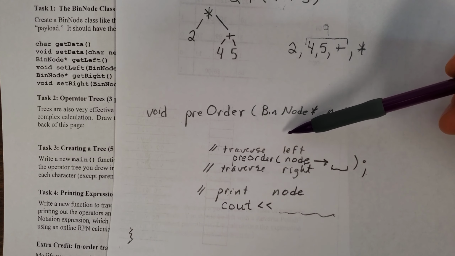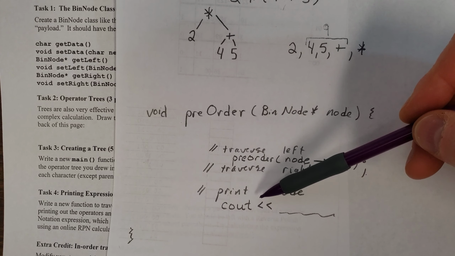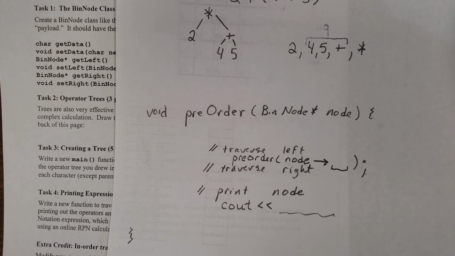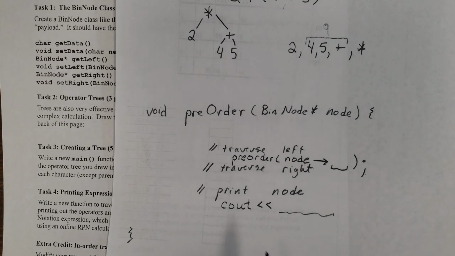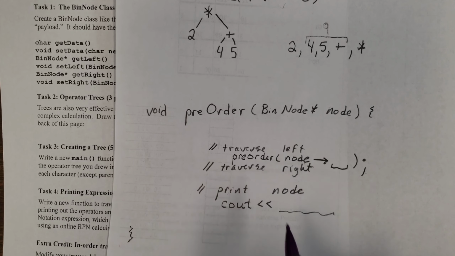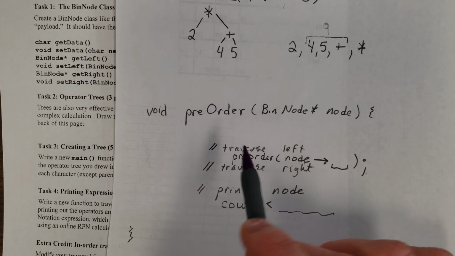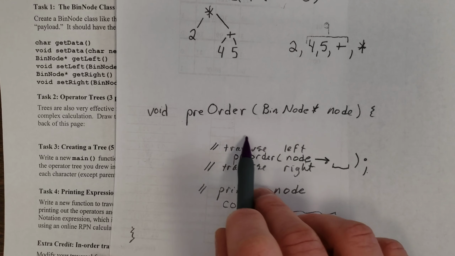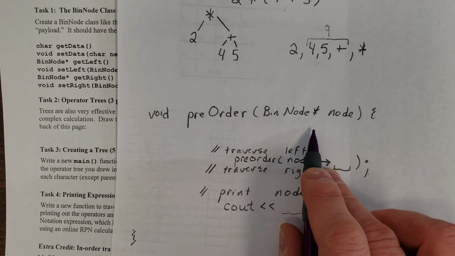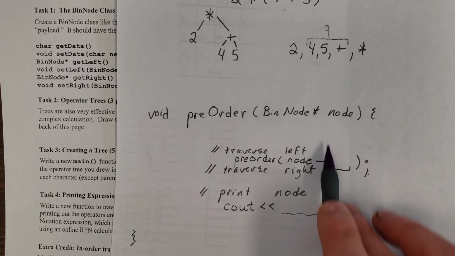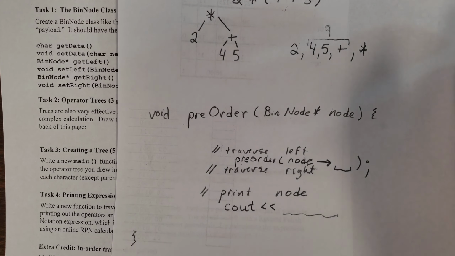If it is null, then you just return and skip out of all of this. The last one is a more elegant way to do it, but it's not as clear as far as thinking about how that would work. Either way, this is a recursive call, so you have to have a base case, whether it's handled in here or just up here. Make sure that you're able to do it.